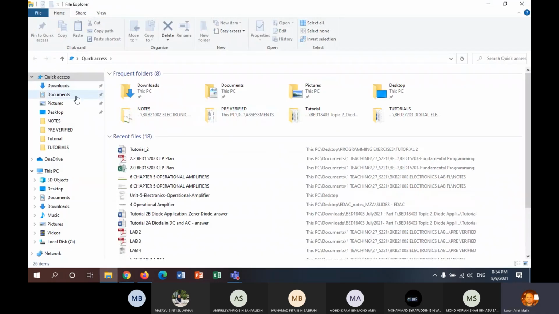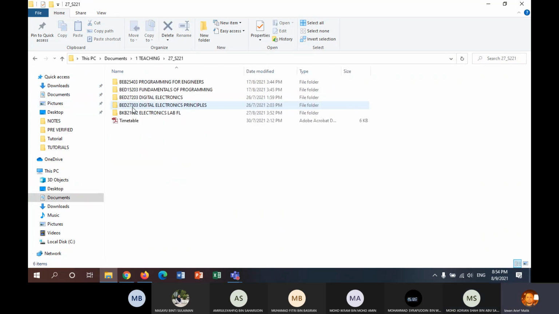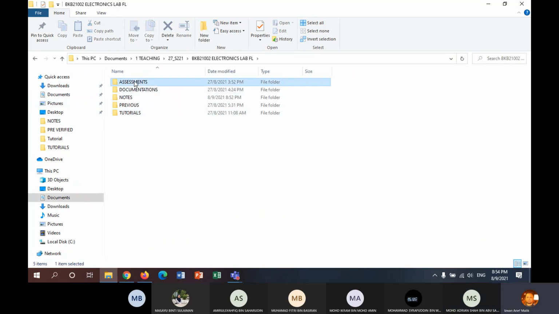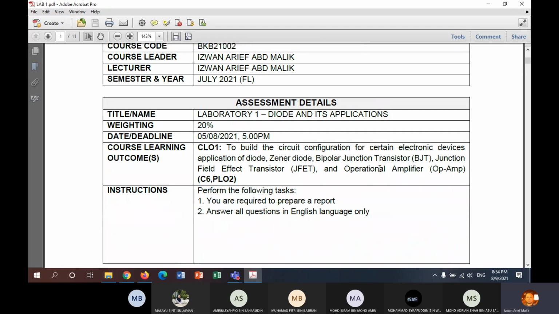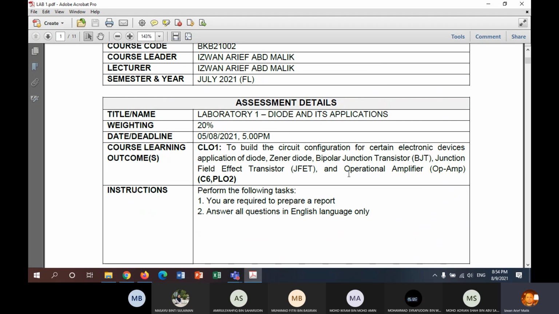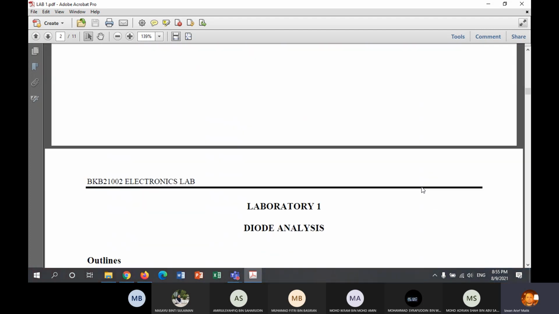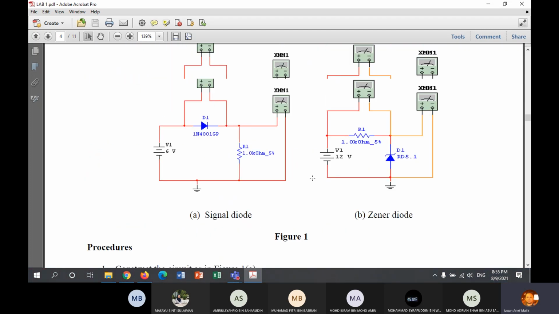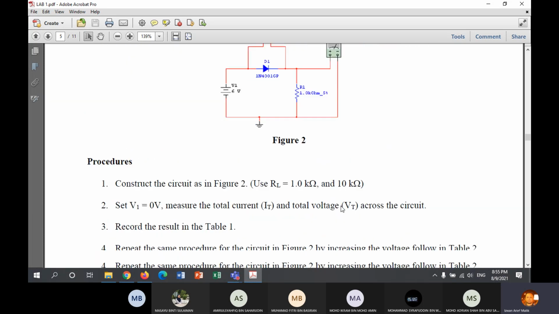Saya tunjuk sikit lah. Assessment. Oh, okay. So you are required to prepare a report, answer all questions in English language only. Okay, so memang you kena buat report lah sebenarnya. Tapi dalam report tu you kena buat macam ni, circuit, measure, okay, dapatkan nilai-nilai ni, masukkan dalam report lah.